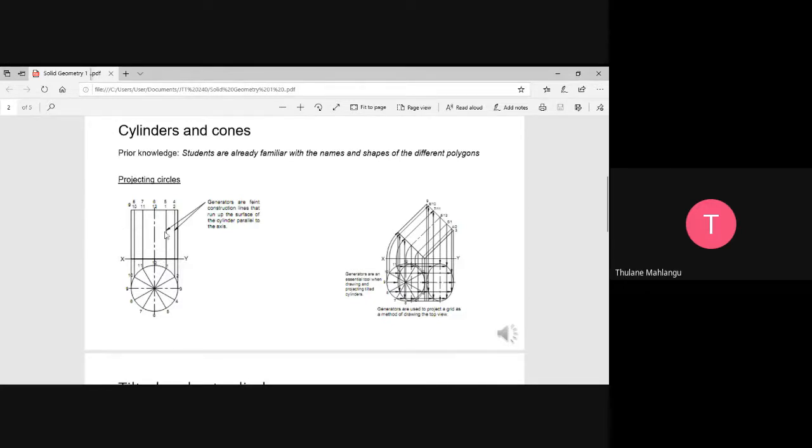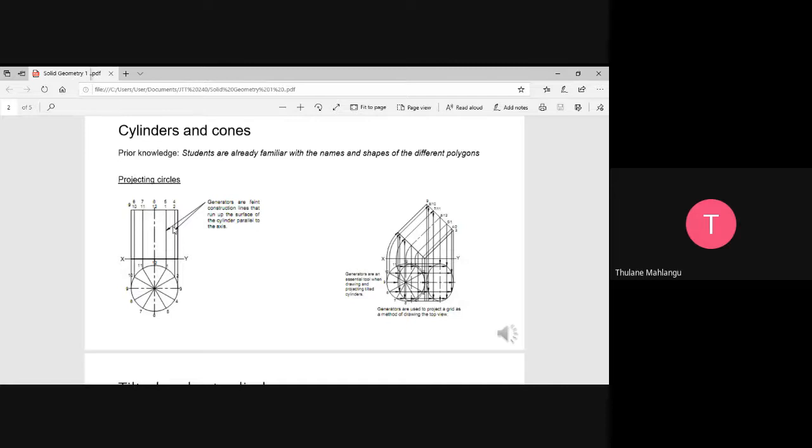Looking at the orthographic under the words projecting circles, you can see you have a circle in the top view, which is the top view of a cylinder, and then you have a front view. So you will need the diameter of the circle and the height of the cylinder.